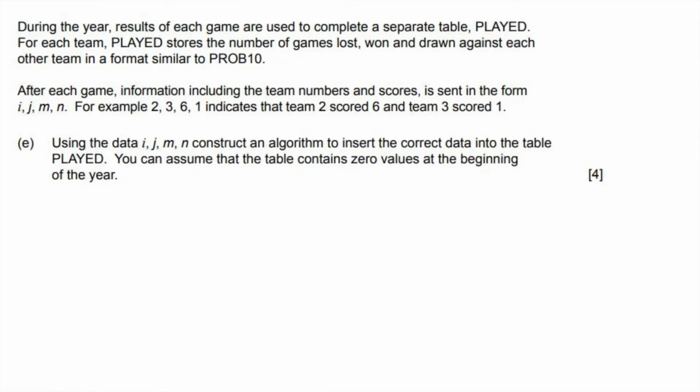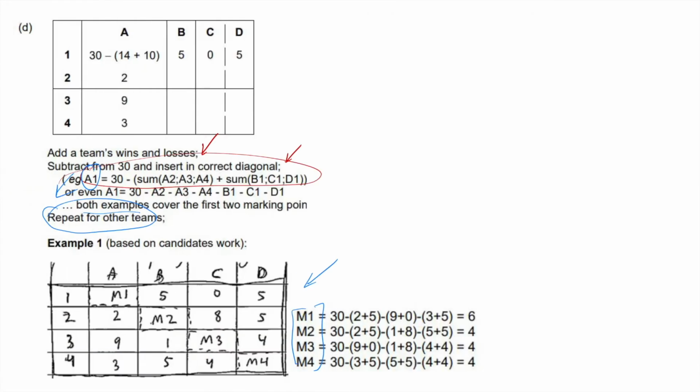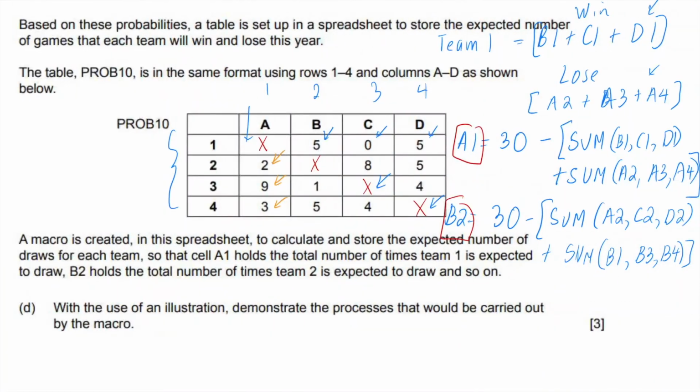Now, what I wanted to do is show you the next part of this question. We're not actually going to solve this, but it'll give you an idea of what's coming next. So it says during the year, the results of each game are used to complete a separate table, played. For each team, played stores the number of games lost, won, and drawn against each other team in a format similar to Prop 10. So Prop 10 is this one that we saw right here.